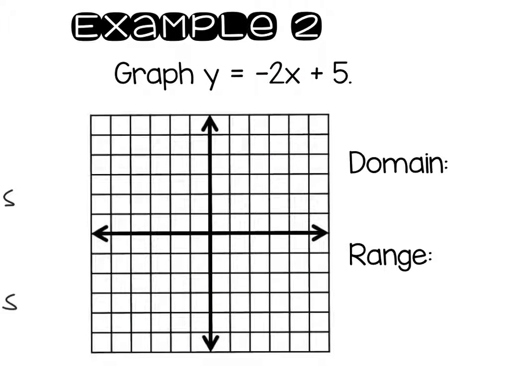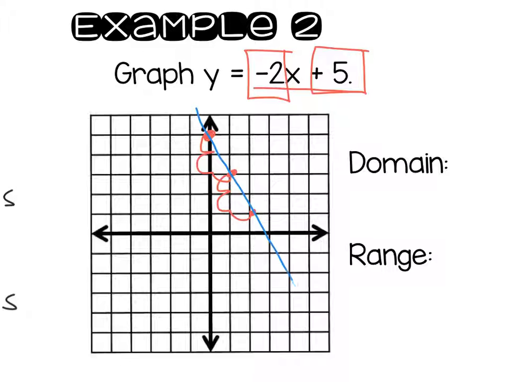Okay, here in example 2 we have the same kind of thing. We have a slope-intercept form, so we're going to take the intercept, which is +5. So on the y-axis we're going to go to +5 and put a point. Our slope is -2, so from here we're going to go down 2, over 1, and there's our line forming.